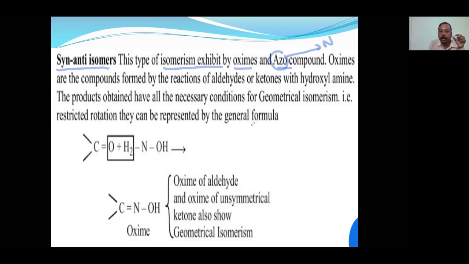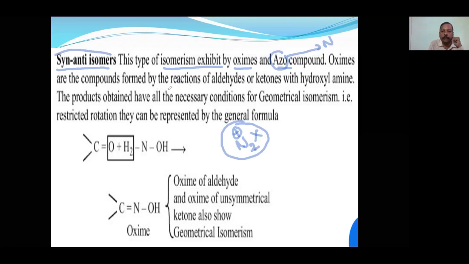Diazonium salt, you must have come across it during practical organic chemistry. Di means two, azo means nitrogen, and salt means plus or minus must be there. And here it is simply an azo compound, meaning nitrogen must be there. If there are more than one, then it is well and good. So oximes and azo compounds can show syn and anti isomerism.